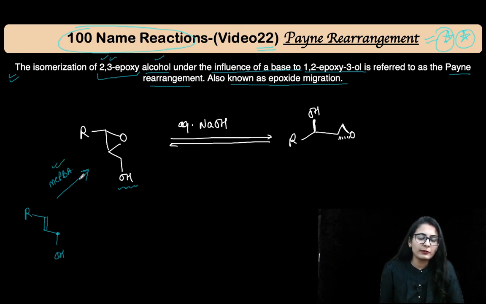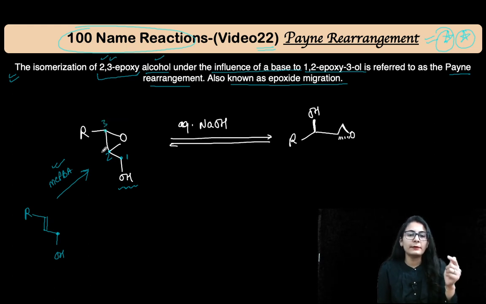But with metachloroperbenzoic acid you are going to get both enantiomers, and this is how you obtain your 2,3 epoxy alcohol. If this is carbon number 1, this is 2, this is carbon number 3, so you get your 2,3 epoxy alcohol.